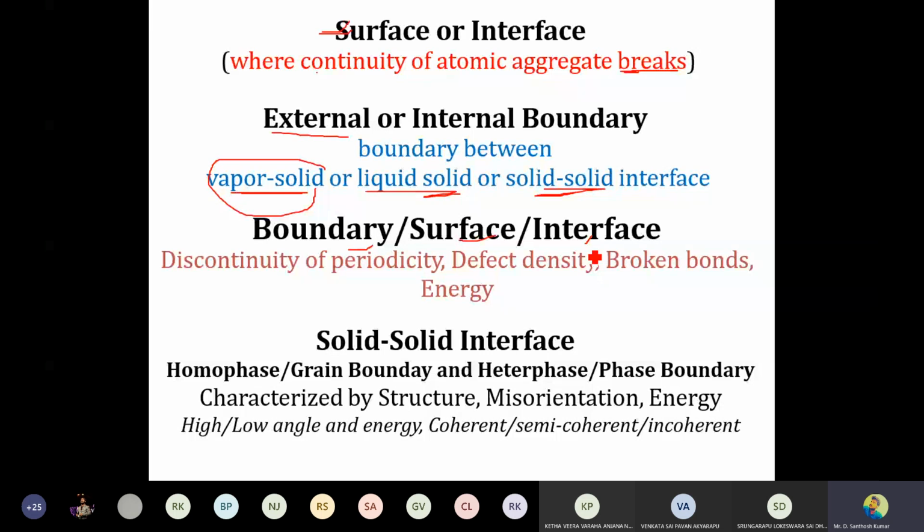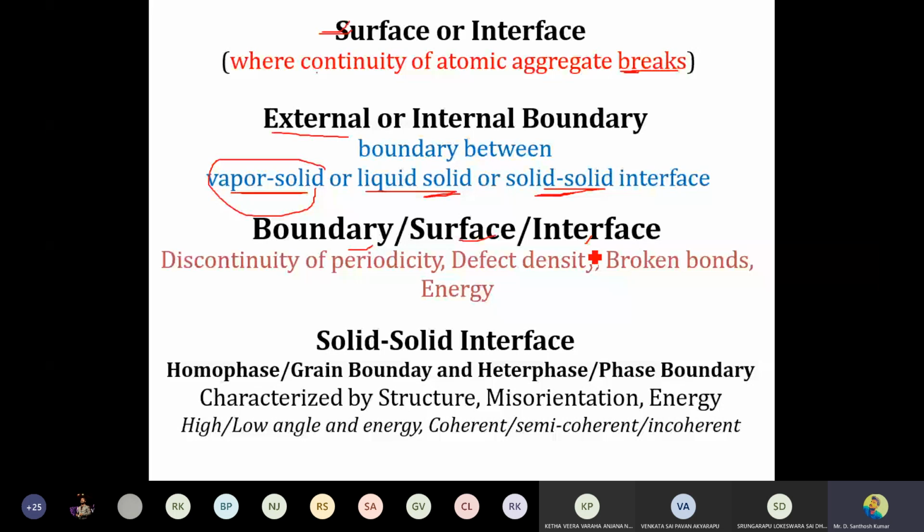So that's why it always leads to the fact that there is a discontinuity of periodicity, having certain defects in the densities, and we certainly have broken bonds. Because we do not maintain the same surroundings as we have inside the interior of the crystal. When the energies outside and inside change, then obviously there is a chance to break these boundary bonds.